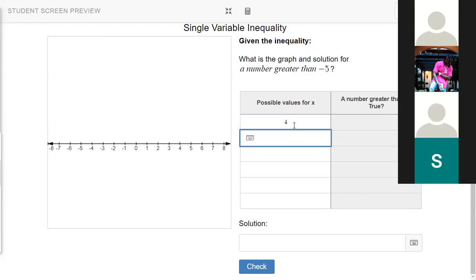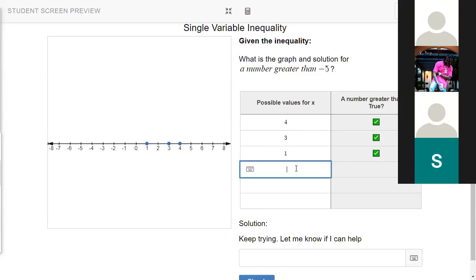What else? 3. 3. All right, Faith, what's another one greater than -5? One. Okay, 1, great. All right, so that works.